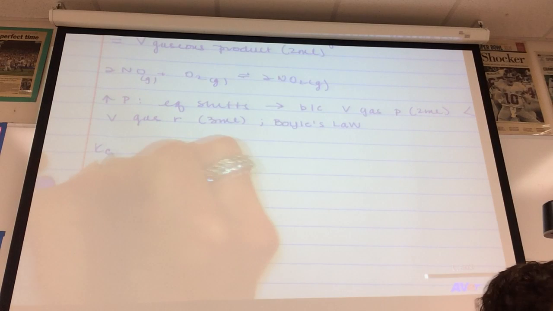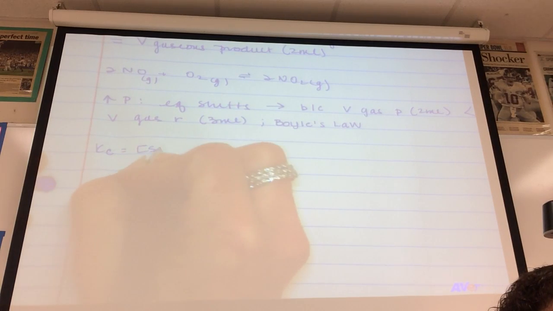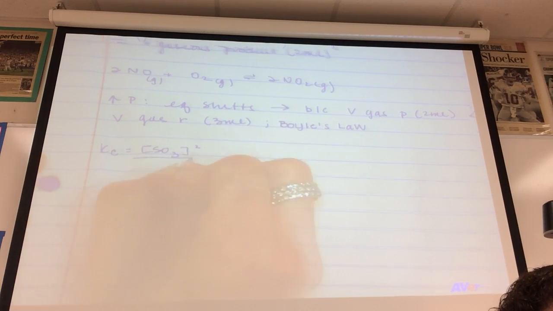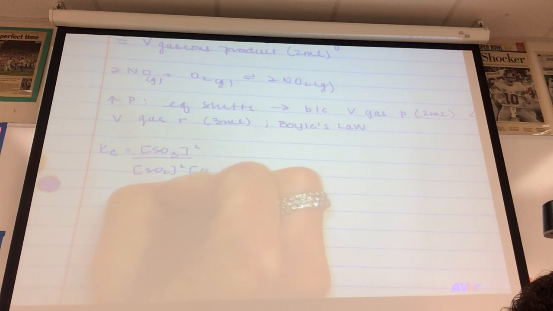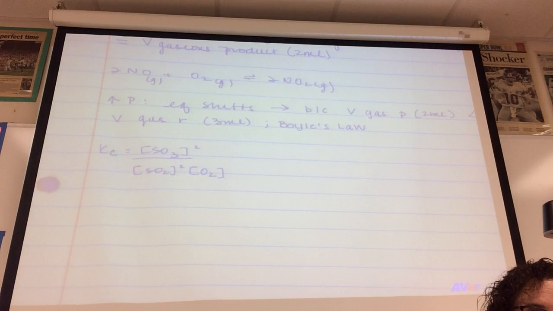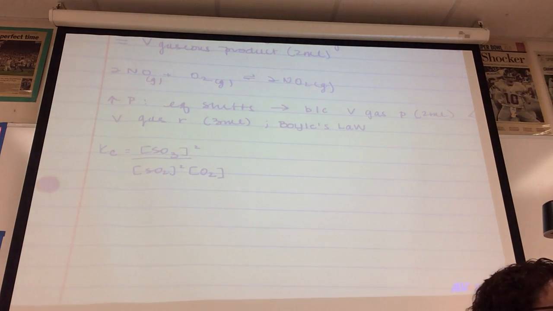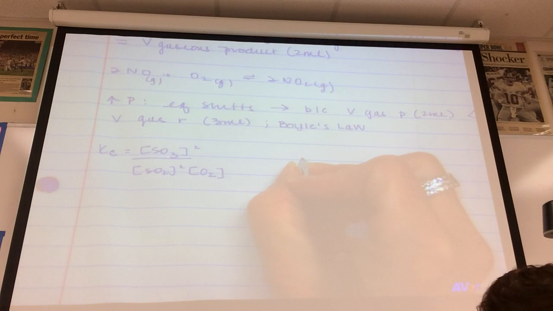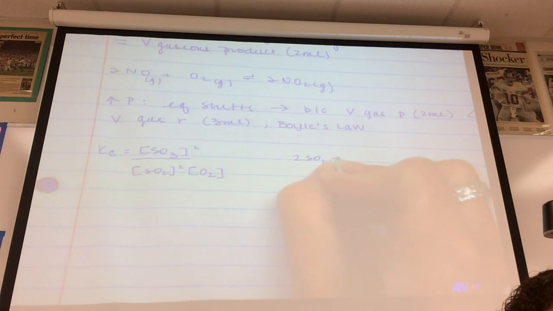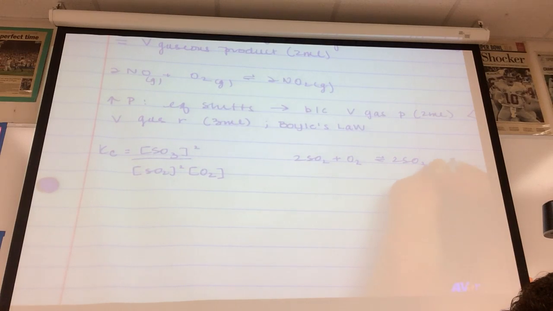The Kc is product concentration over reactant concentration. So if you treat energy like it's a product, and then see... Hang on. We said as we increase temperature... Are we decreasing temperature?